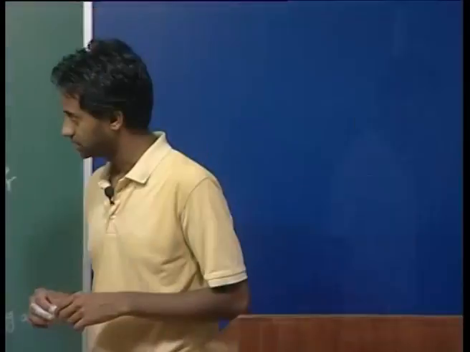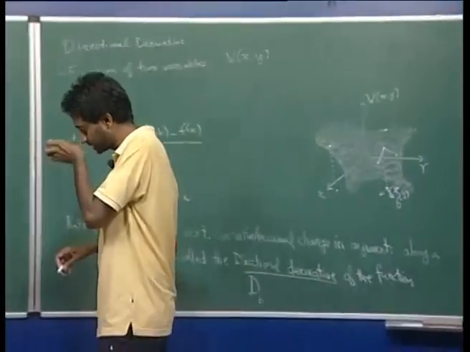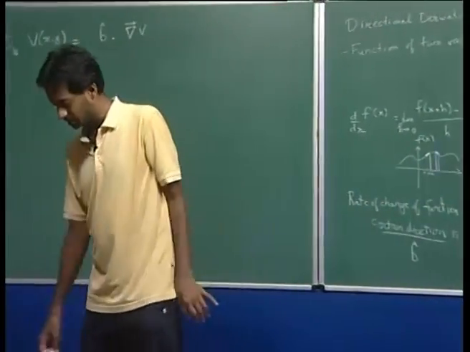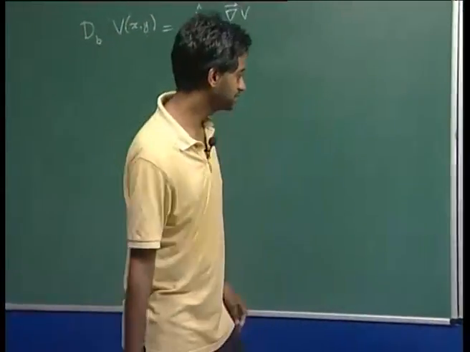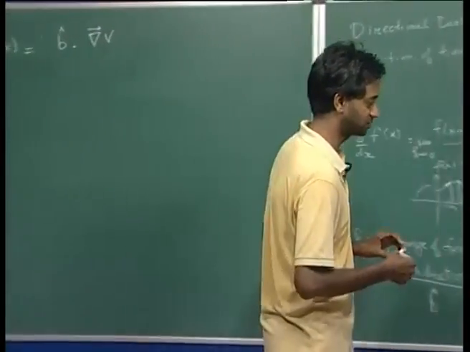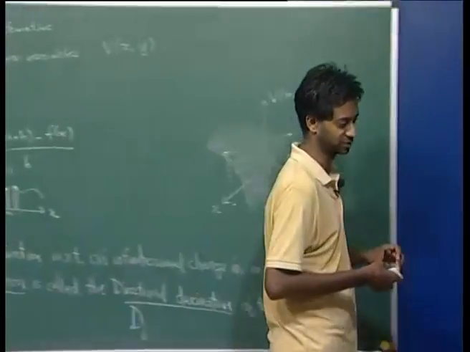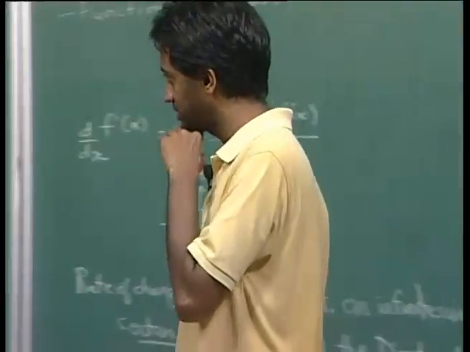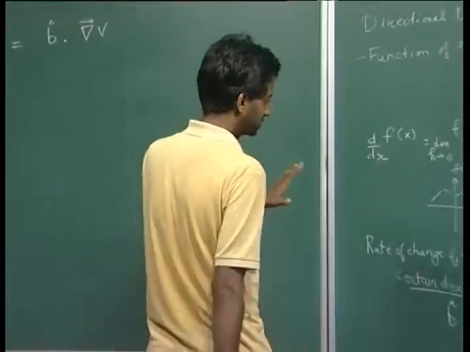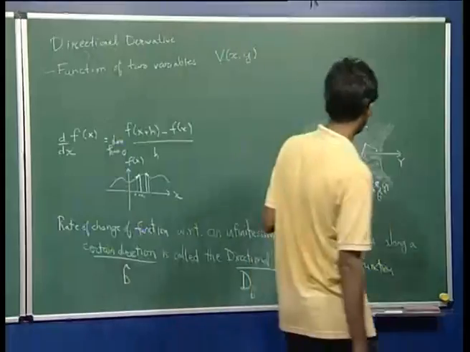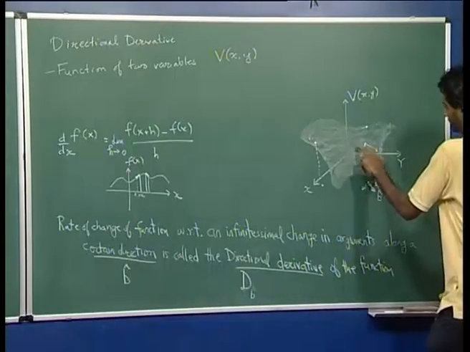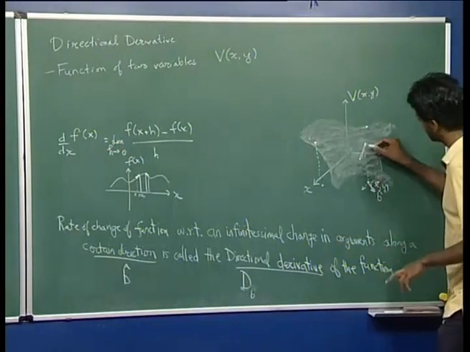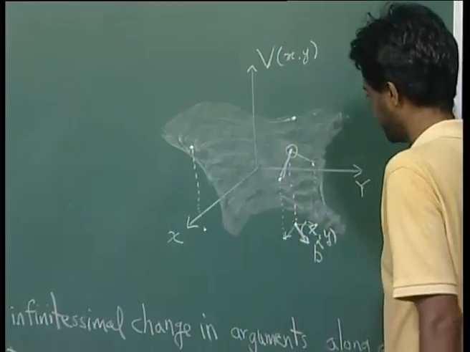So the gradient can be thought of as something whose dot product with a unit vector gives the directional derivative in that direction. There is another way to understand the meaning of the gradient, and that is that the gradient can be thought of as a surface normal. To understand this, think of the gradient at this point.